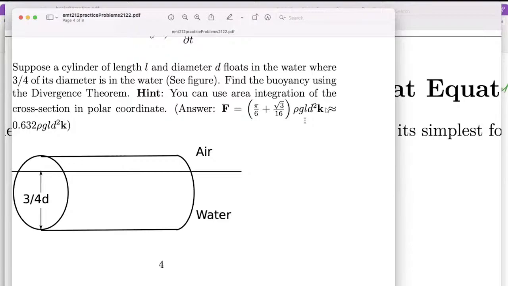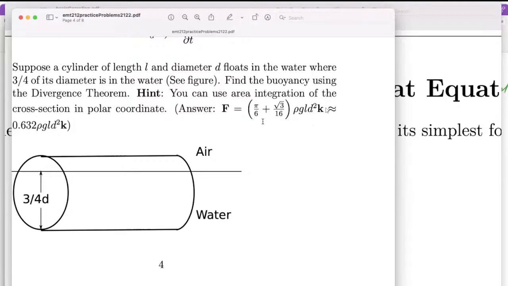This problem is defined by myself, so I have to find the solution. I don't know if you can find it from any other book or online. I just defined it on my own, and then I solved it on my own, and this is what I got.